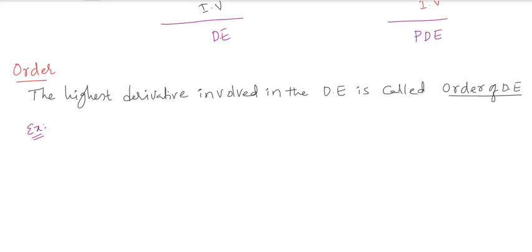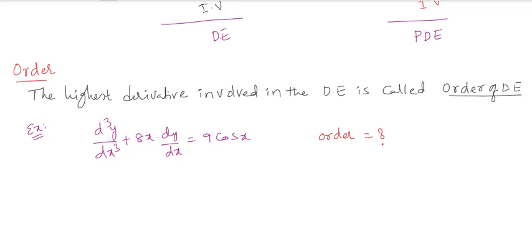Suppose I have an equation like this: d cube y by dx cube plus 8x into dy by dx equals 9 cos x. Now I want to find the order of this differential equation. What is the definition of order?